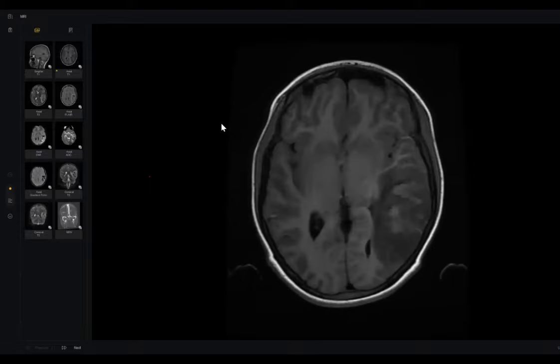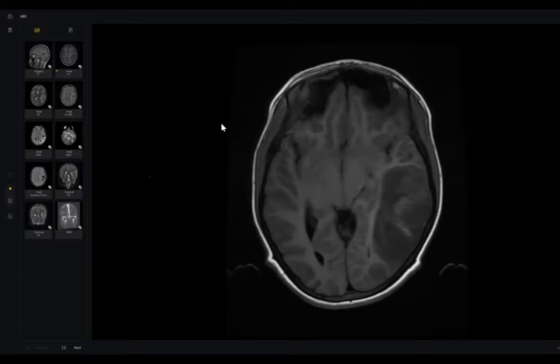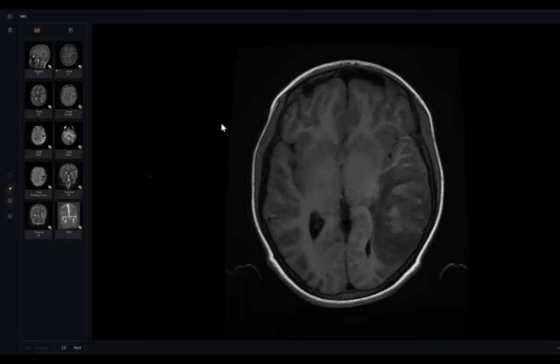Linear areas of high signal intensity. What else? It depends on the presentation as well.